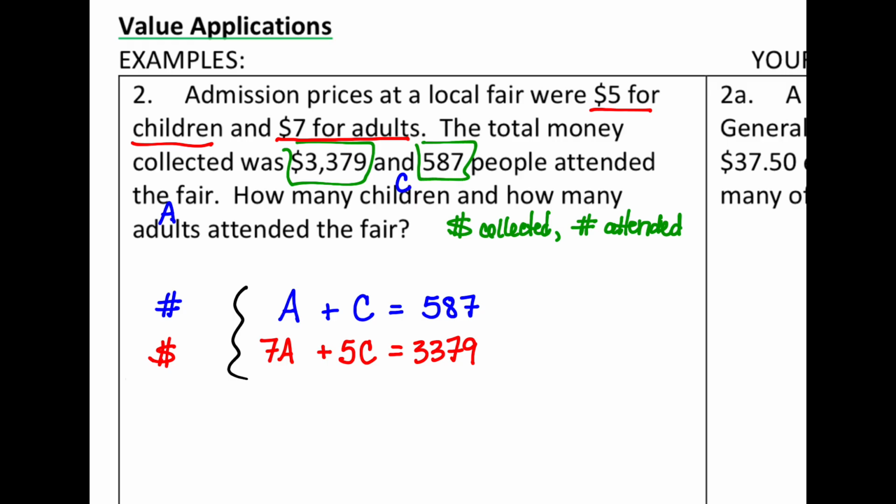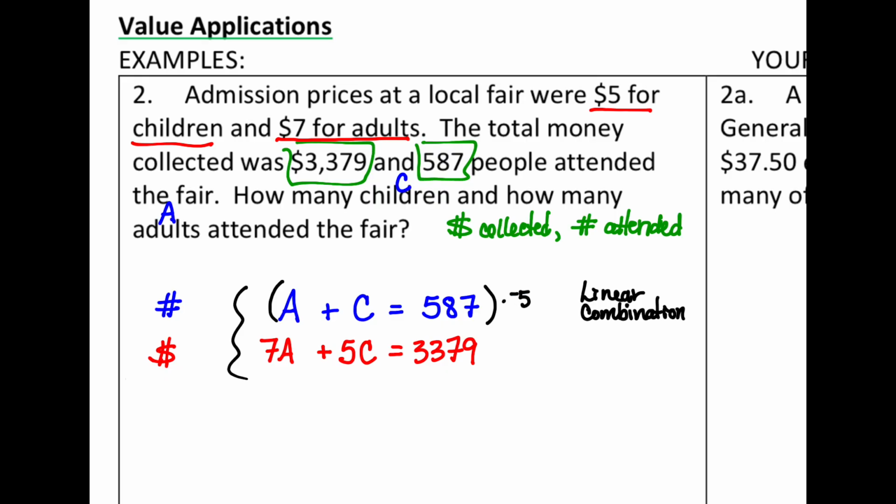This one is set for either substitution or linear combination because you have two variables without coefficients. Okay, I'm going to use a linear combination only because I like those better, but it doesn't matter. Okay, so I'm going to multiply this first row by -5.